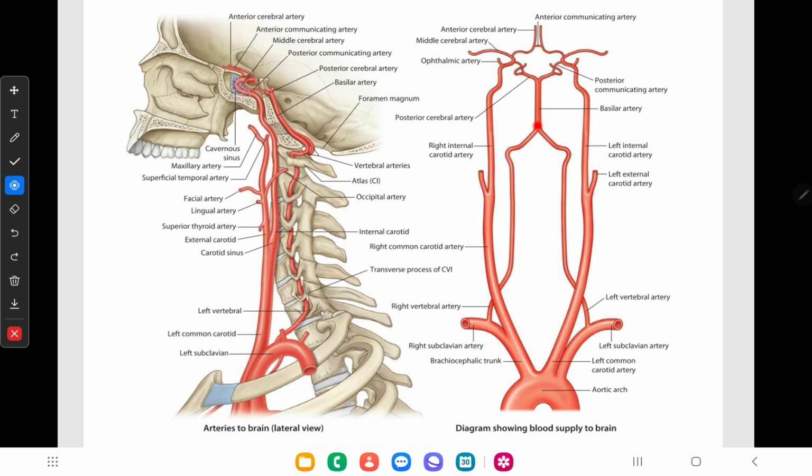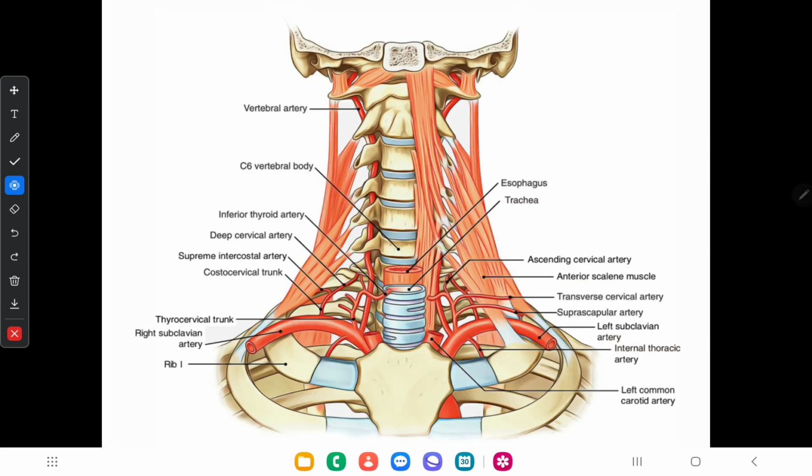This basilar artery is involved in the formation of the circle of Willis. Mainly, it supplies parts of the brain. The branches of the vertebral artery in the neck are the spinal arteries and the muscular arteries. In the skull, it gives off meningeal branches, anterior and posterior spinal arteries, then branches to the cerebellum.